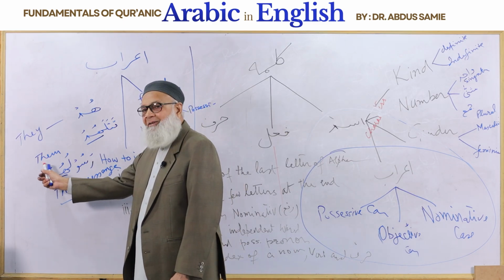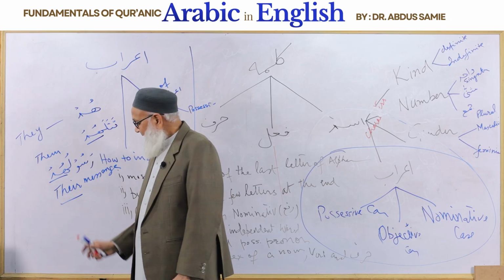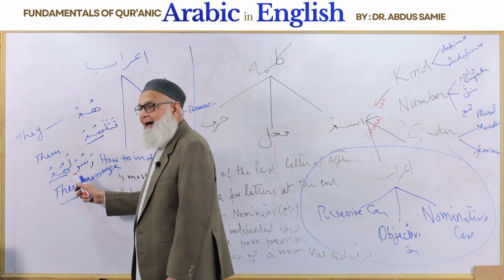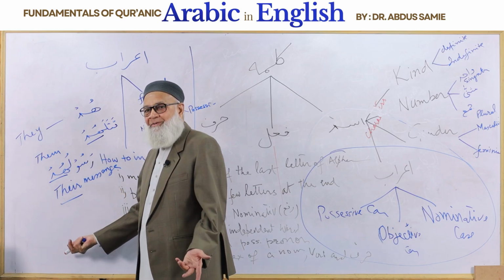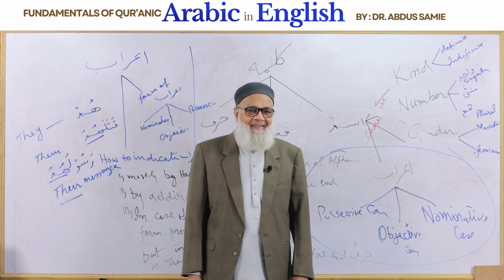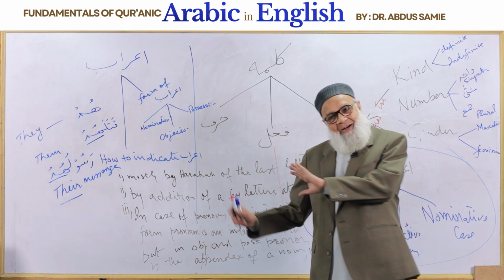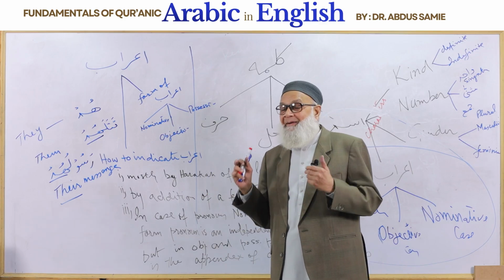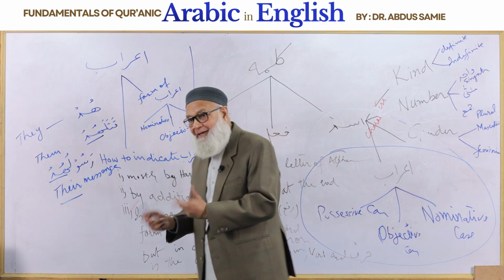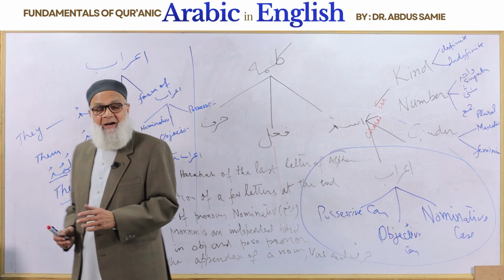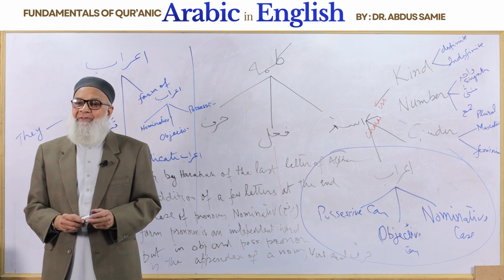So this is in the nasb form. And here it is attached to a noun, it is the jar form, possessive case. So we'll study this separately, but now I'm simply giving you the idea of how the i'rab is indicated.